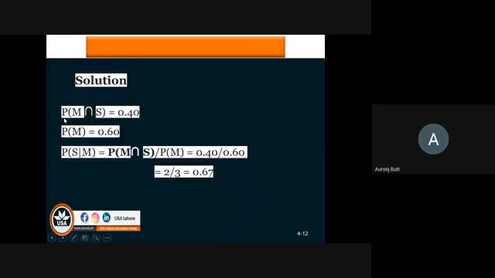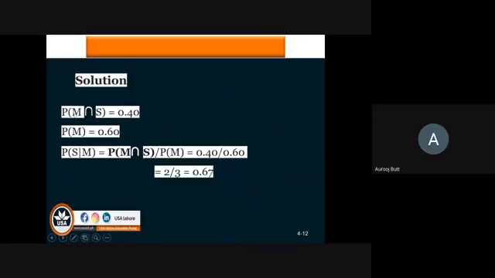If you have the case of "and", that means you are having an intersection term. If it is either or at least, that means union. And if it is "and", that means intersection. Okay? So you have the probability of maths intersection science.